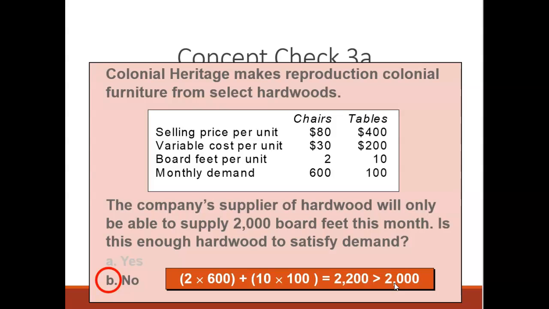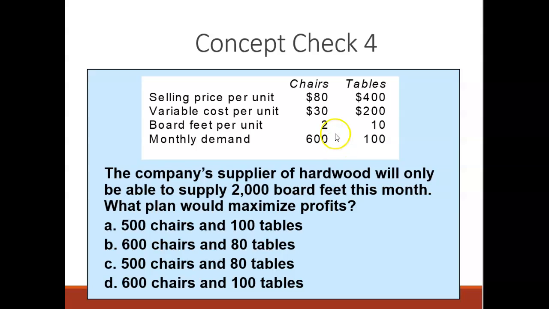So board feet is a constrained resource. What we're going to do is figure out the contribution margin per board foot. So what will we do to maximize the profit? Here, in the chairs, we have $50 of contribution margin. It requires 2 board feet.